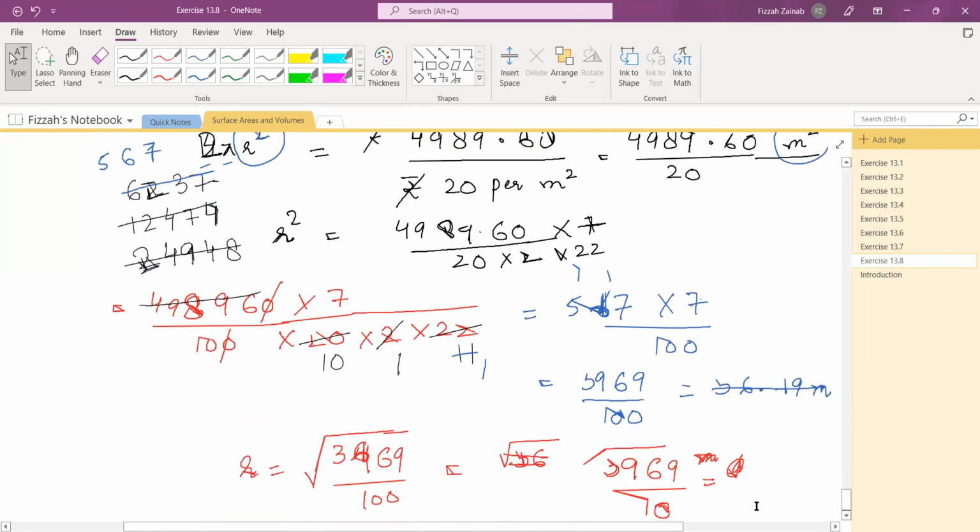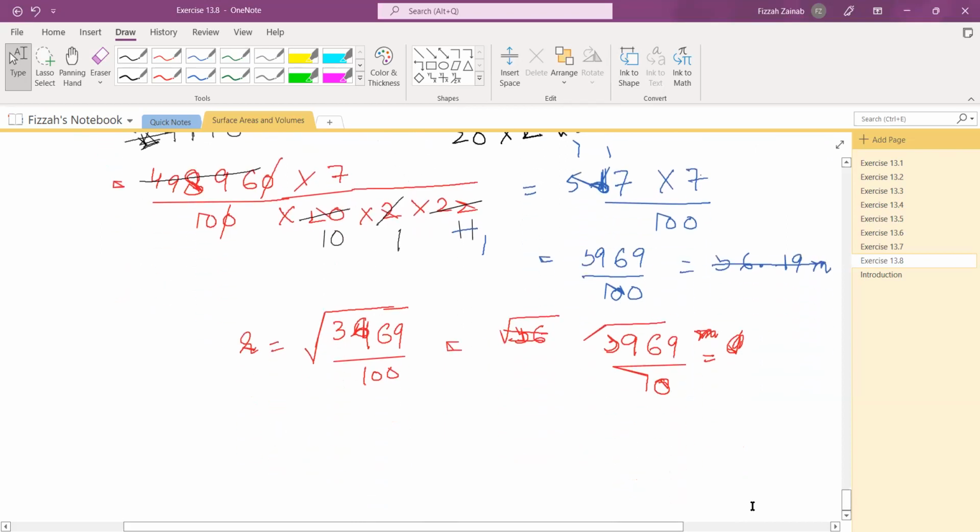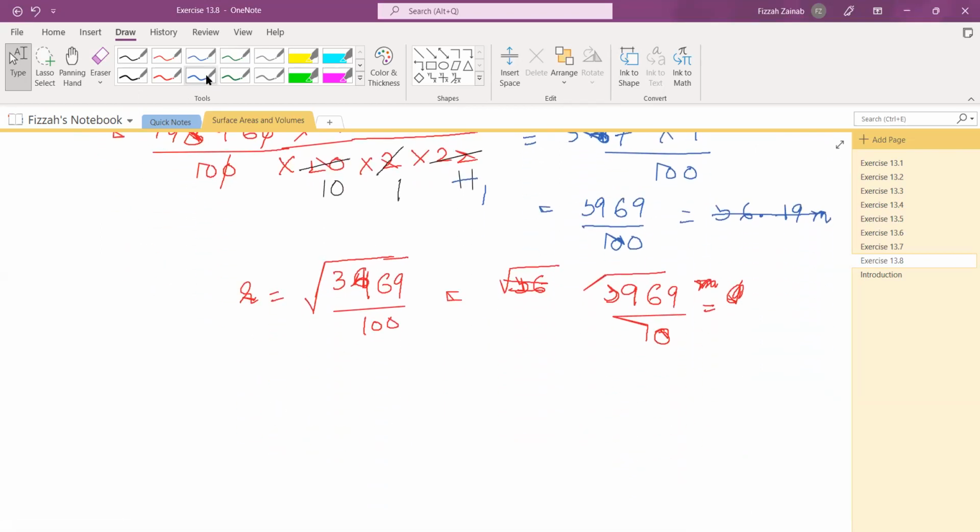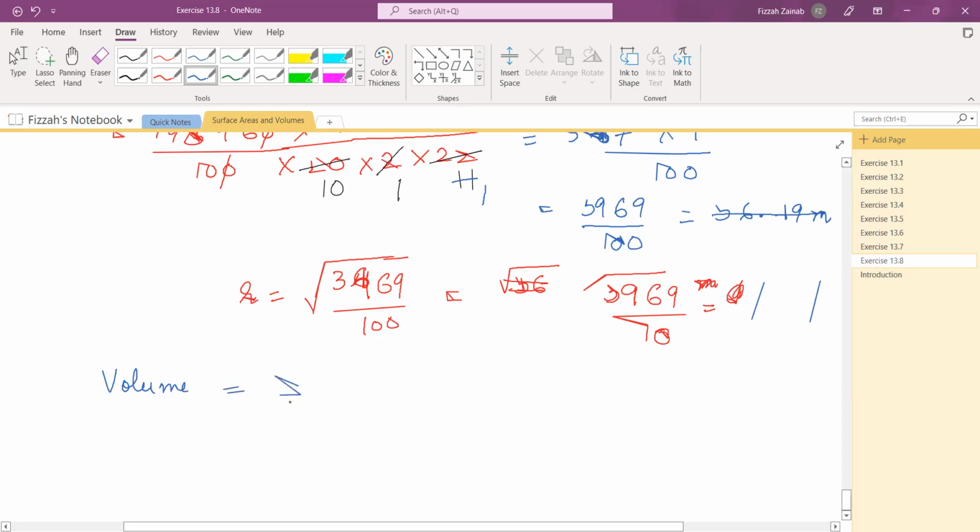Yes, ma'am. So just note this down. You will complete this calculation and find the answer in meters, and then you have to find the volume, which is 2 by 3 pi r square. Whatever value you get of r, you put that value here and you will be able to find the volume. So I'm leaving the question here.